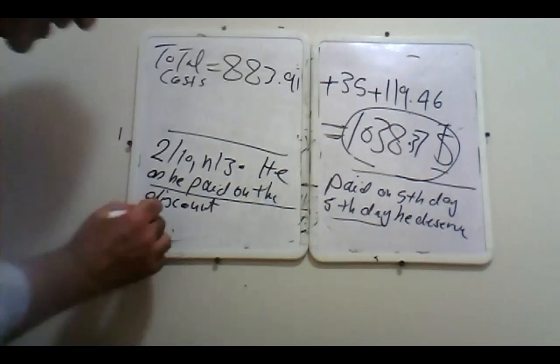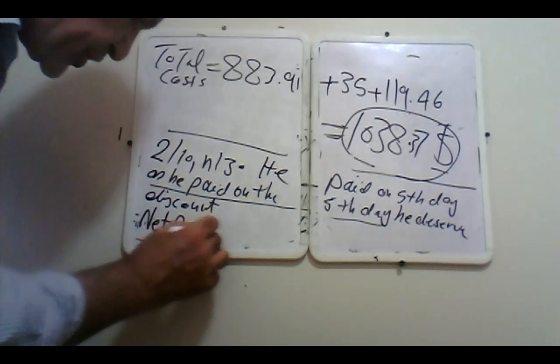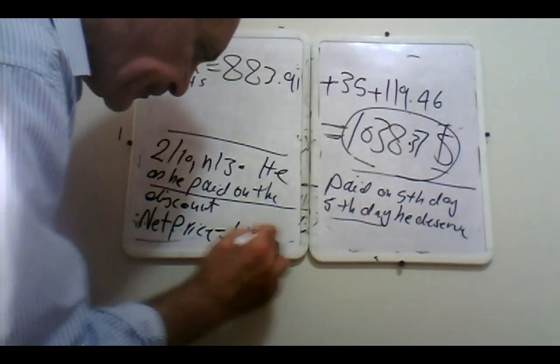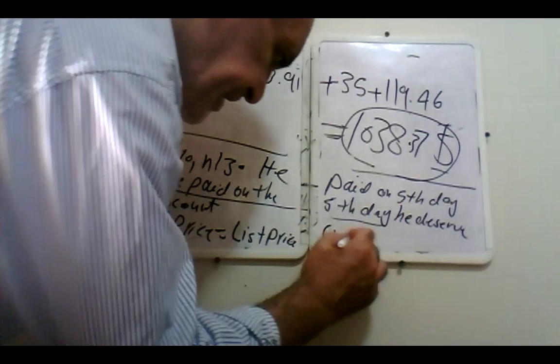Then the net price, as you saw before, will be the list price multiplied by 1 minus the discount.